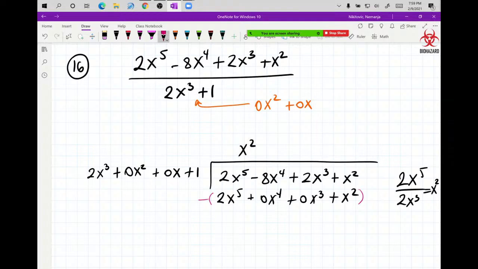Subtract. The first term drops. Minus 8 minus 0, minus 8x to the 4th. Plus 2x cubed, right, because you're subtracting 0 again. And now x squared minus x squared drops as well. So this is the only thing you're left with.